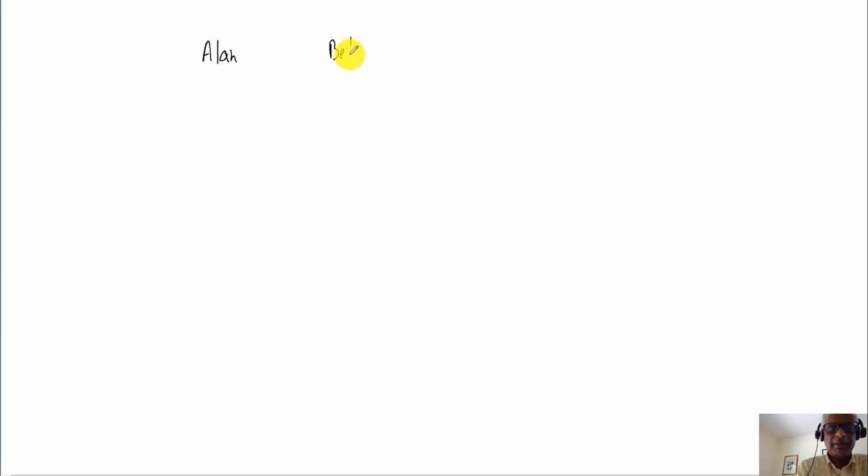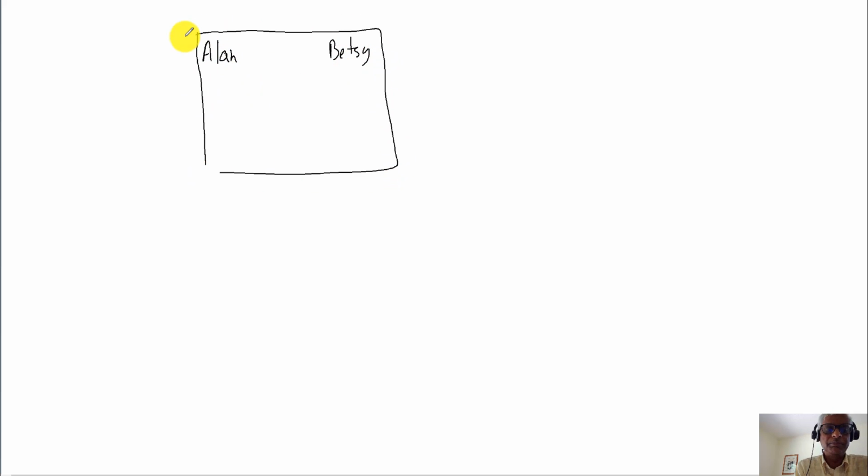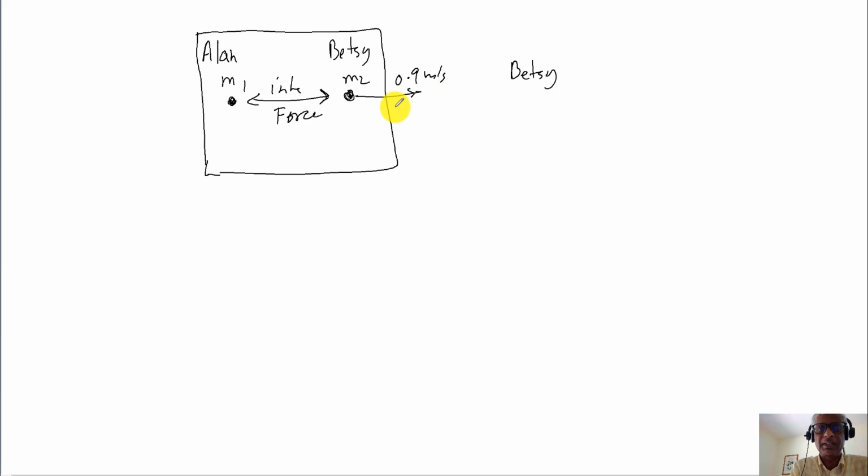Alan and Betsy: now we look at them as one system. This is another way of doing it, the same problem. Let's call this M2 and this M1, and the force is only internal. We figured out she is going this way about 0.9 meter per second at t equal to 1.5 second.